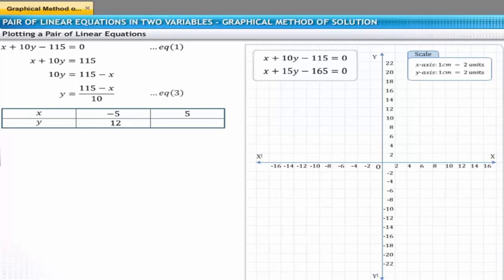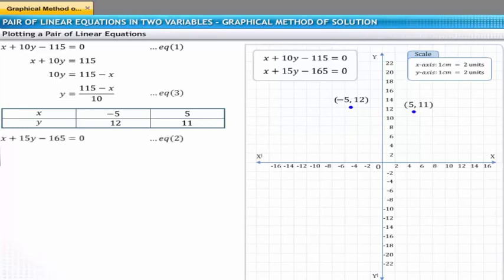So the first ordered pair is (-5, 12). Next, we'll substitute 5 for x and solve the equation. The value obtained for y is 11. Hence, the second ordered pair is (5, 11). The two ordered pairs for equation 1 are (-5, 12) and (5, 11).